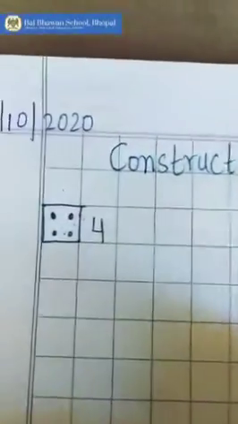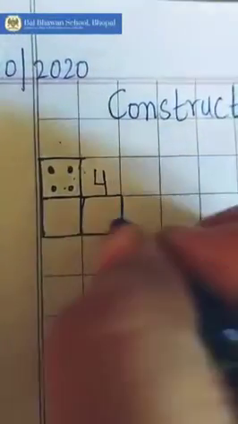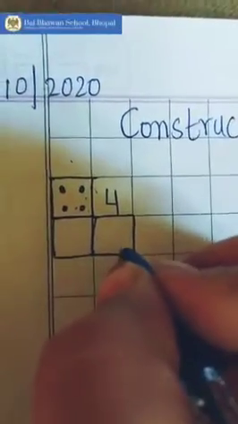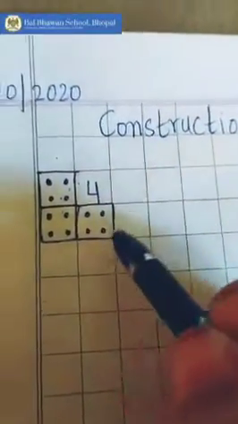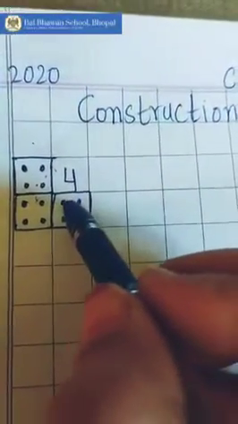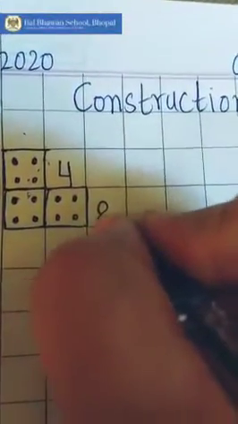Now in the next line, draw 2 boxes. After drawing the boxes, you have to draw 4 dots in each box. After drawing the dots, let's count how many dots are there. 1, 2, 3, 4, 5, 6, 7, 8. So we will write the number 8 here.